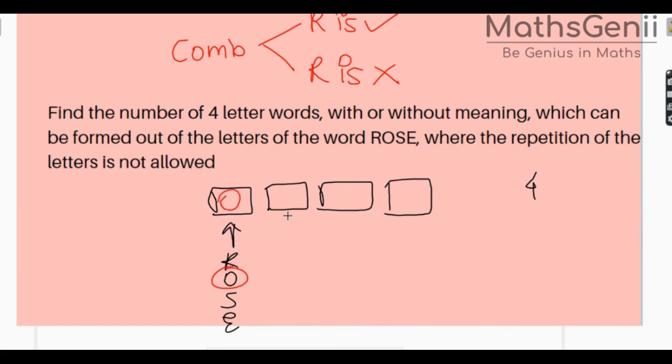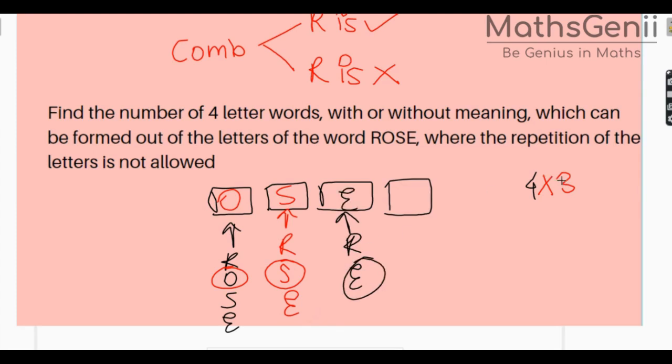Now for the next box, what are the options remaining? R, S, E. So there are three options available, so into 3. For the next box I choose S. Now S is gone and O is gone. So what is remaining? R and E. For this box, I have two options. Suppose I select E for this box.